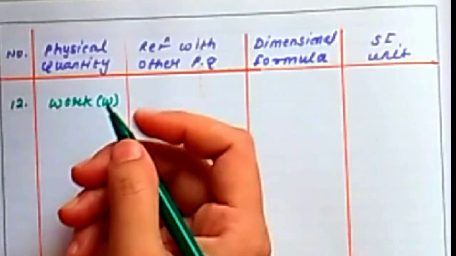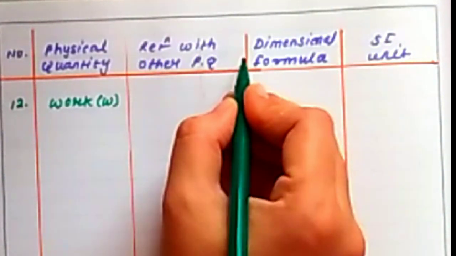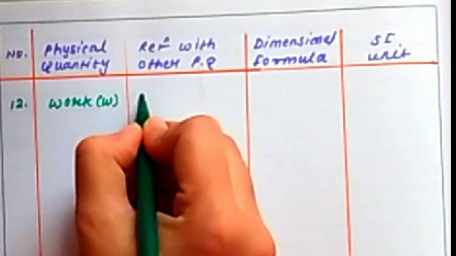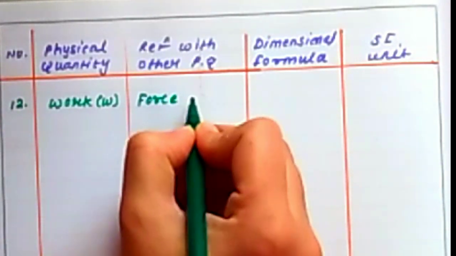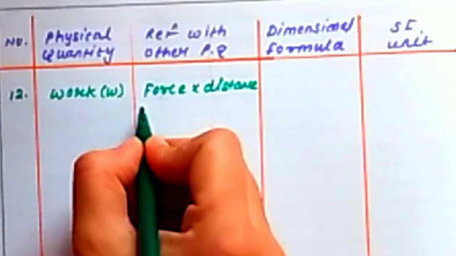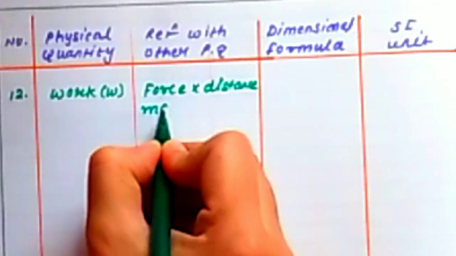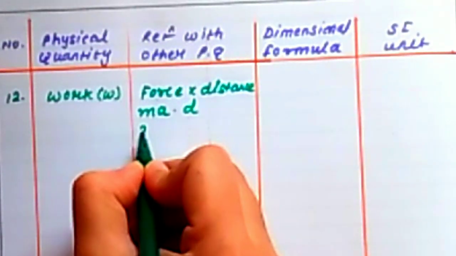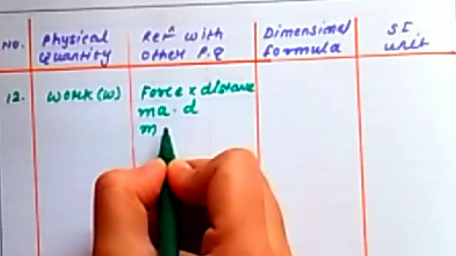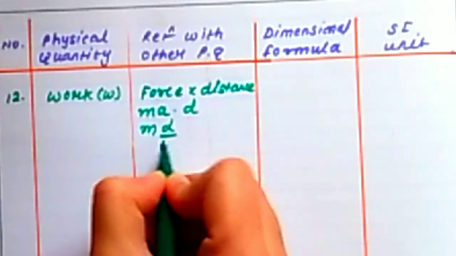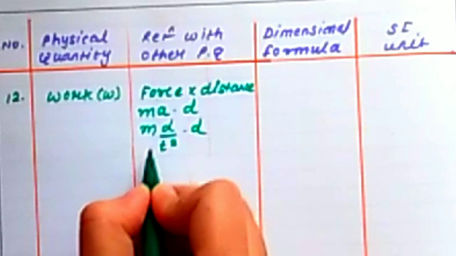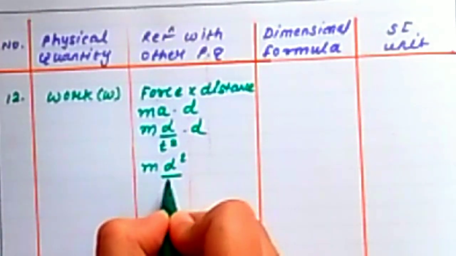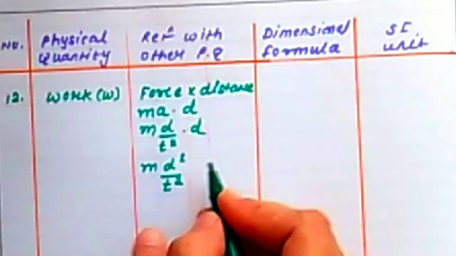Now next is work and the symbol of work is W. Now the relation of work with the other physical quantities is force into distance. Now put the equation of force, that is mass into acceleration, and distance is as it is. Mass into acceleration equals distance upon time square, into distance as it is. So m into d square whole divided by time square.